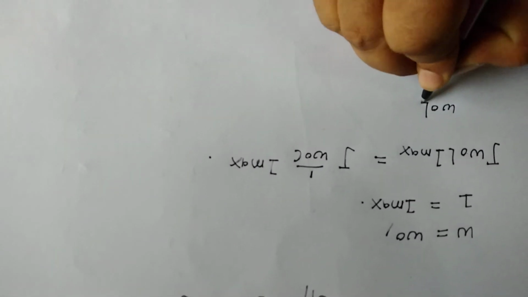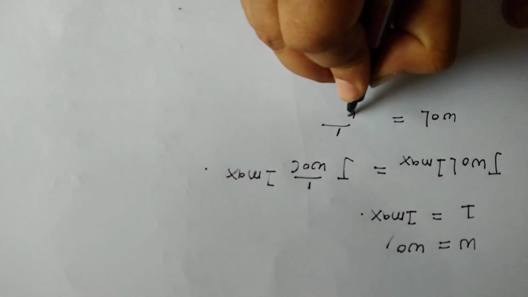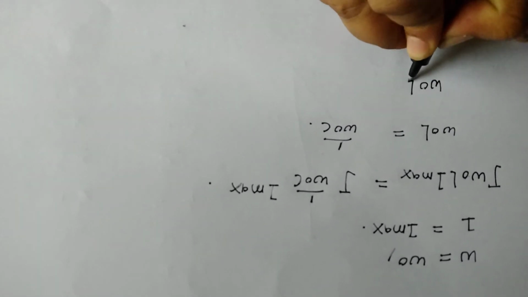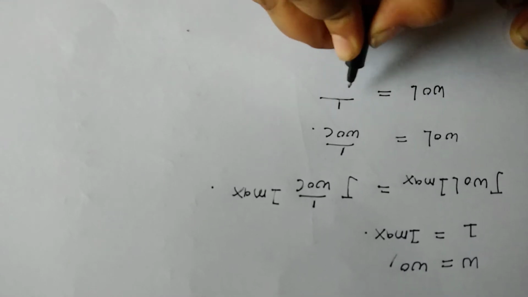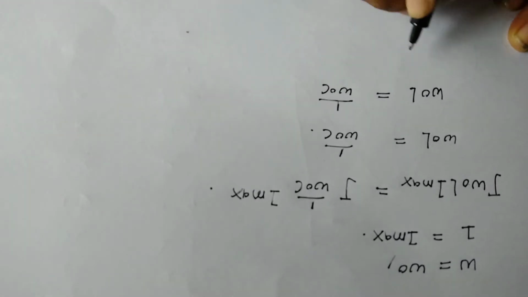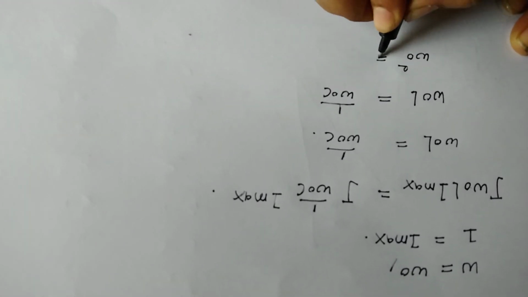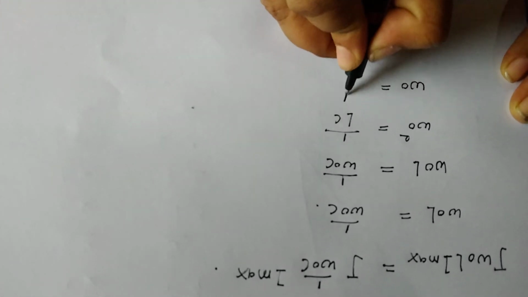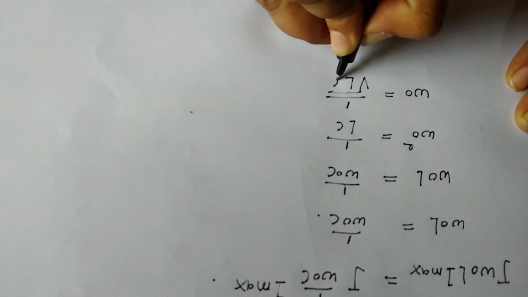We get omega naught L is equal to 1 by omega naught C. So omega naught square is equal to 1 by LC, and omega naught is equal to 1 by root LC.